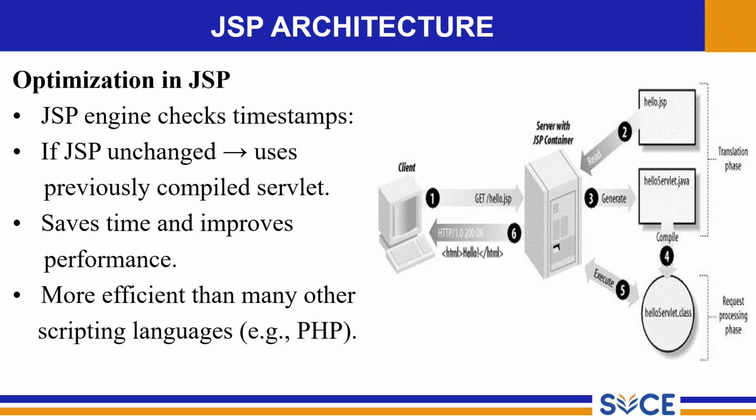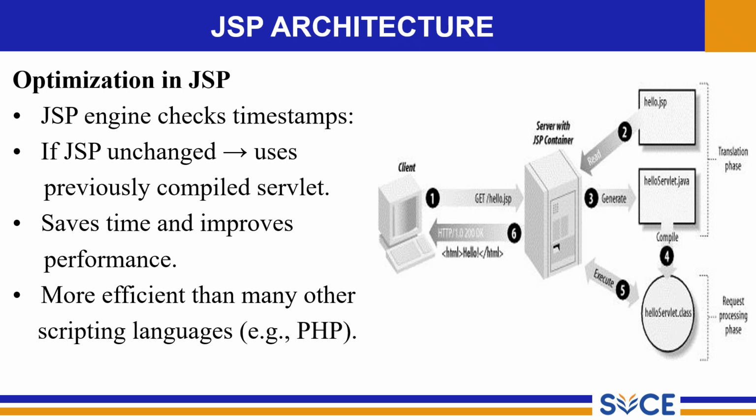Java Server Pages includes a smart optimization mechanism that significantly improves web application performance. Whenever a JSP page is requested, the JSP engine checks the file's timestamp to see if the page has been modified. If the JSP code has not changed since the last compilation, the server simply reuses the previously compiled servlet instead of recompiling it. This approach saves valuable processing time, reduces server overhead, and ensures faster responses for users.